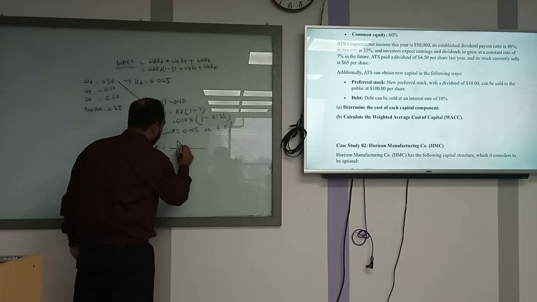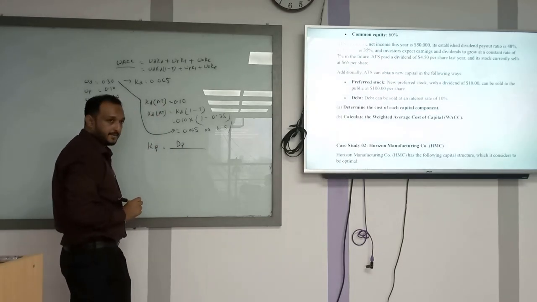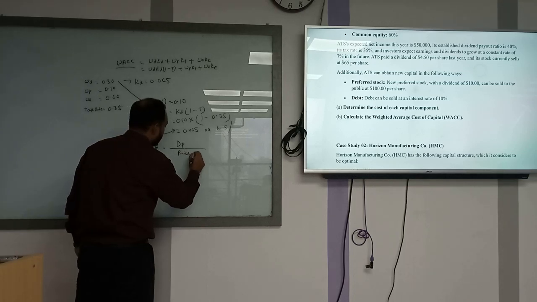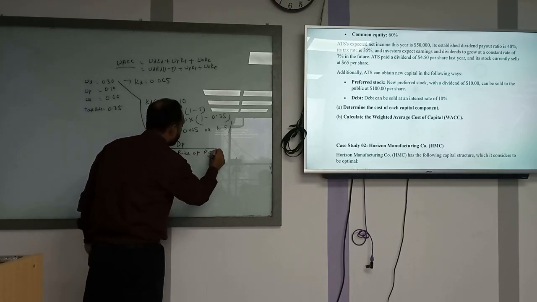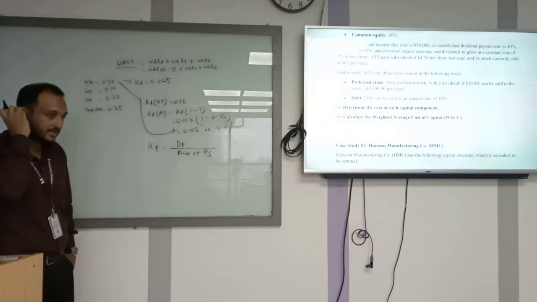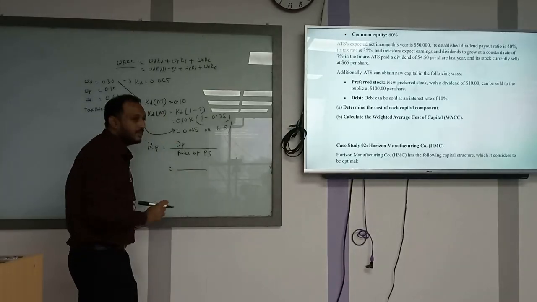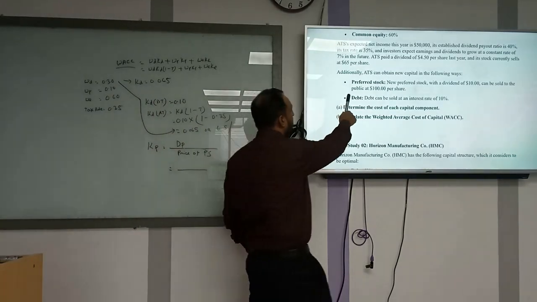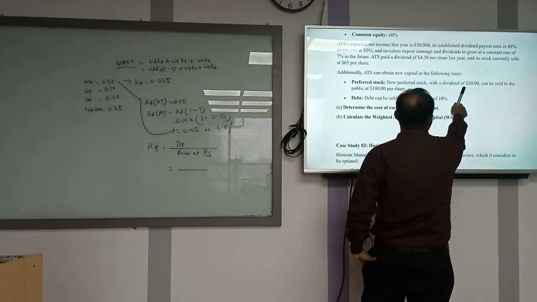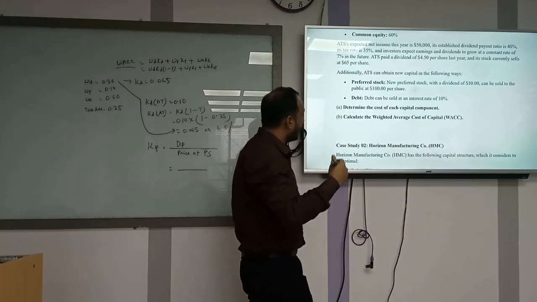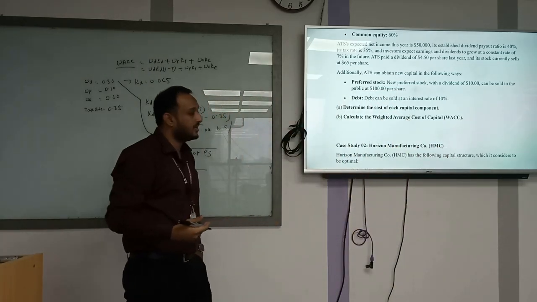For the cost of preferred stock, you need the dividend of preferred stock and the price of preferred stock. Here it is stated that new preferred stock with a dividend of $10 per share can be sold to the public at $100 per share.